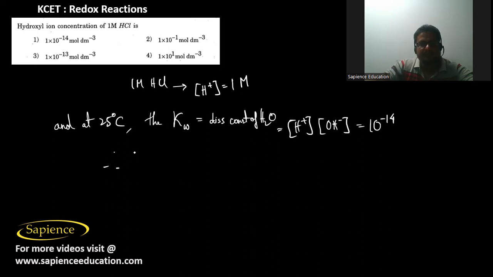Therefore the concentration of hydroxyl ion times the concentration of H plus, that is 1, is equal to 10 power minus 14. So the hydroxyl ion concentration is 10 power minus 14 only.